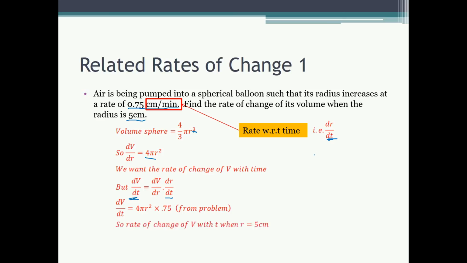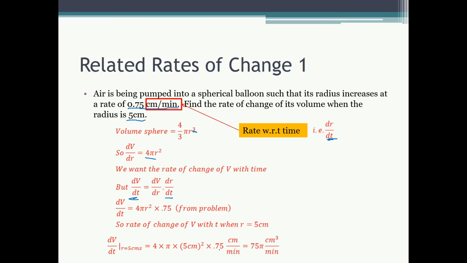So the rate of change of V with respect to time when r is 5, I just take 5 and put it in there for r. And you'll end up with 4 pi times 5 squared times 0.75, which comes out to 75 pi centimetres cubed per minute. Notice the unit here, I've just put the units in there. r is squared, so the unit of r is centimetres, so that's centimetres squared.